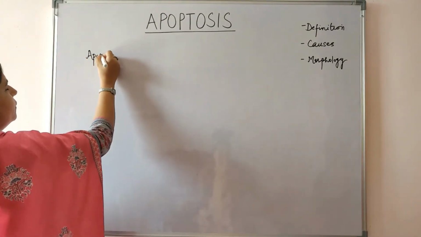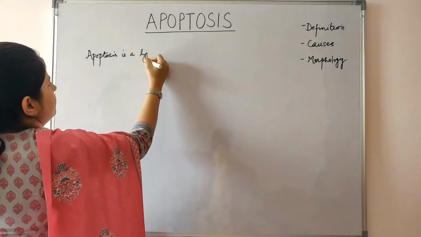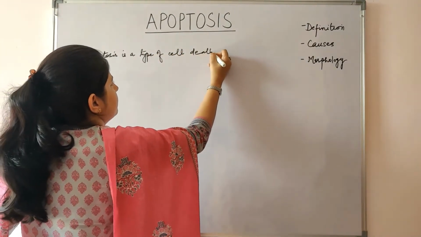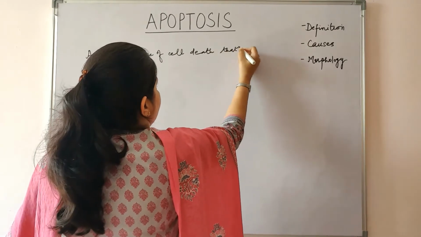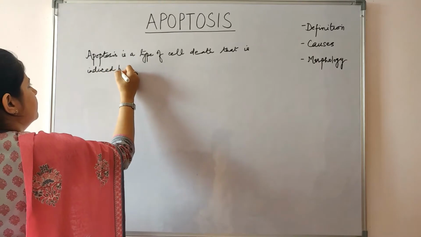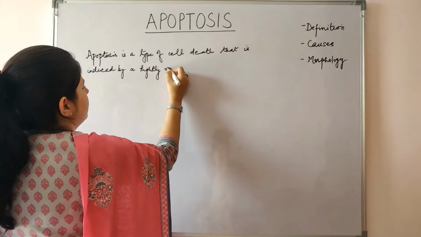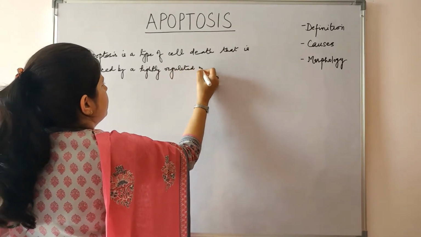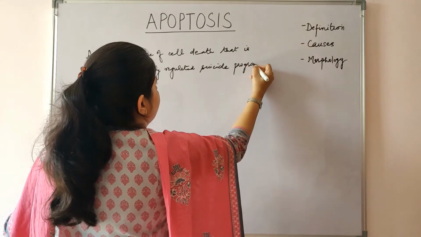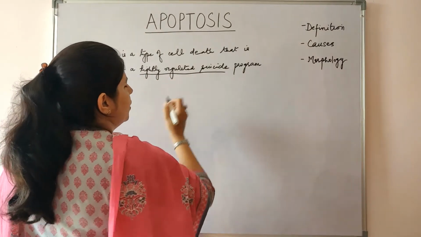Apoptosis is a type of cell death that is induced by a tightly regulated suicide program. What does it mean? It means that it is regulated at molecular level.